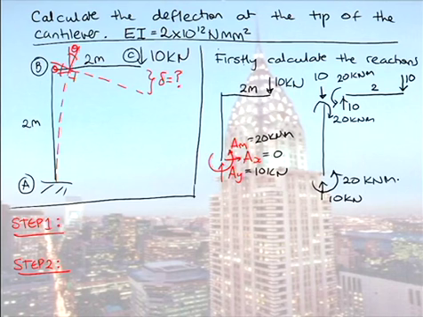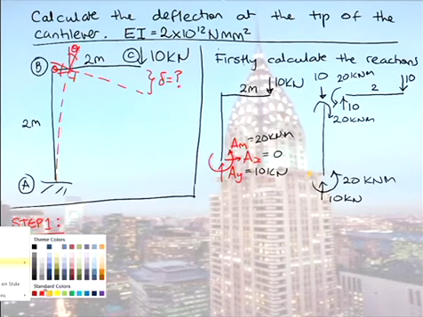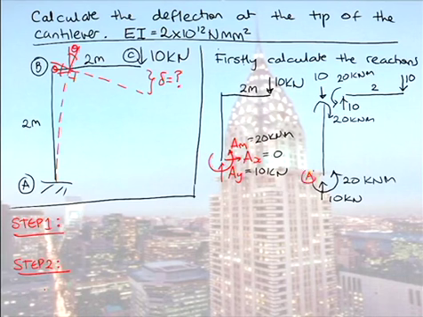So let's look at section AB, and let's say X is going that way. Tell me, what are my boundary conditions for AB? When X is 0, Y is 0, because this point here is my fixed support.